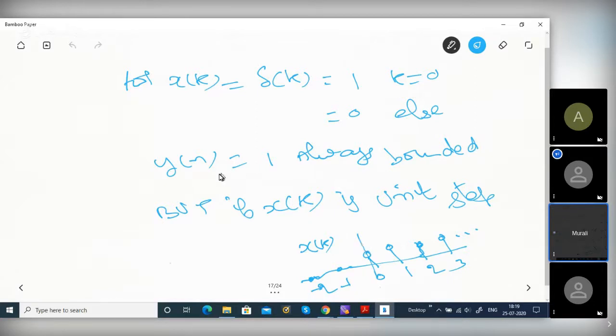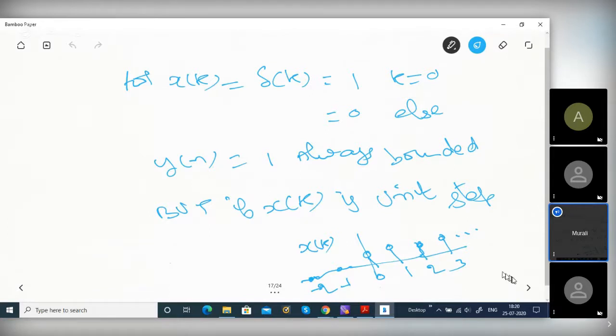But at n equal to 100, y of 100 is what? You will get 101, right? Because y of 0, y of 1, y of 2, and so on, every time one is added, so you will get 101. At n equal to 100, y of 100 is 101.